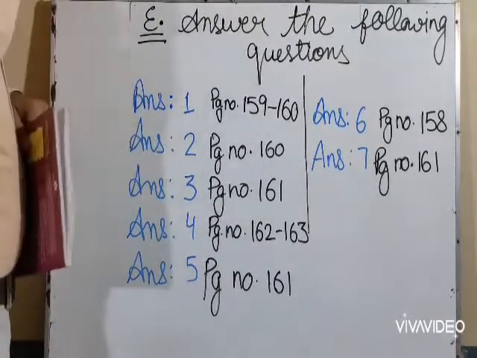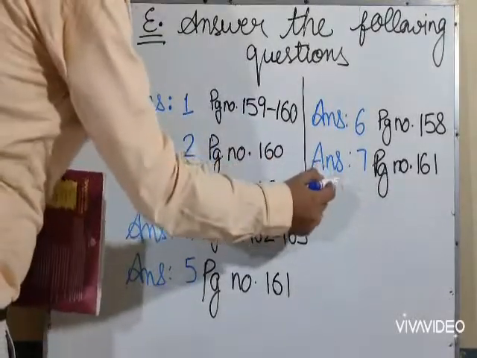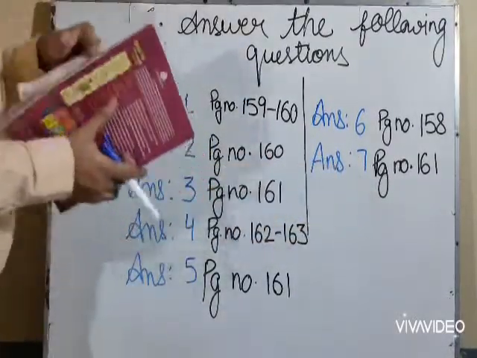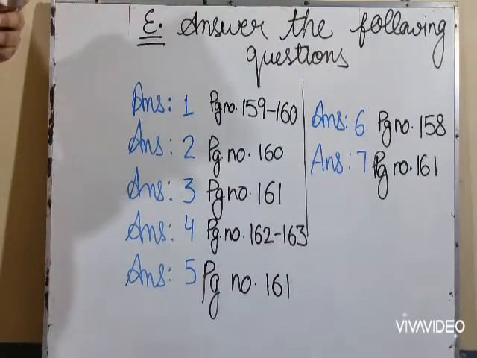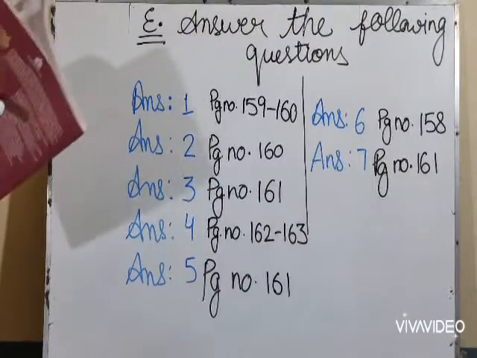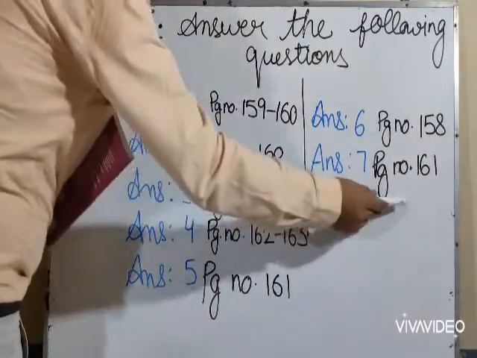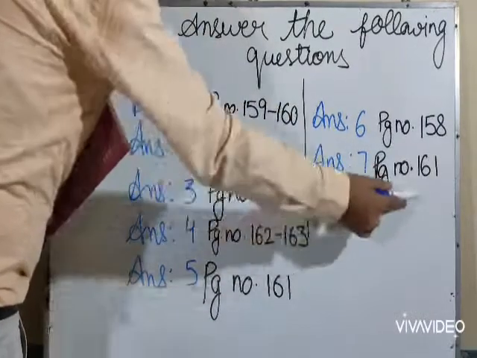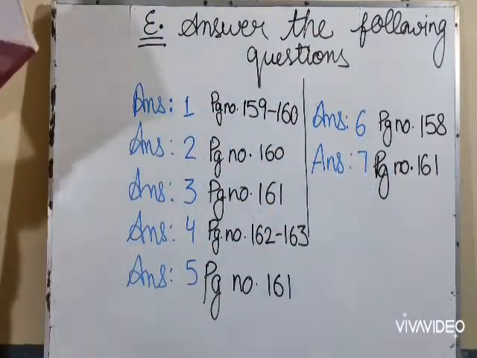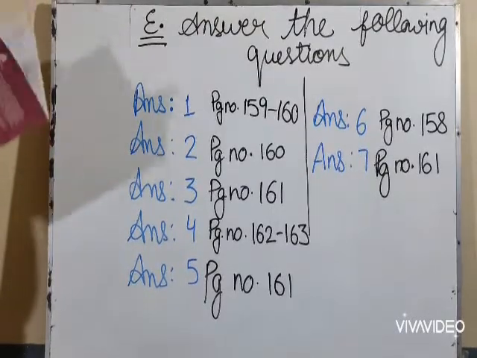After reading that text, you will write your answer. Then question number 7 is, explain the lawmaking procedure. This heading is given on page number 161. When you open your textbook, you will get that heading and write your answers in your own words.